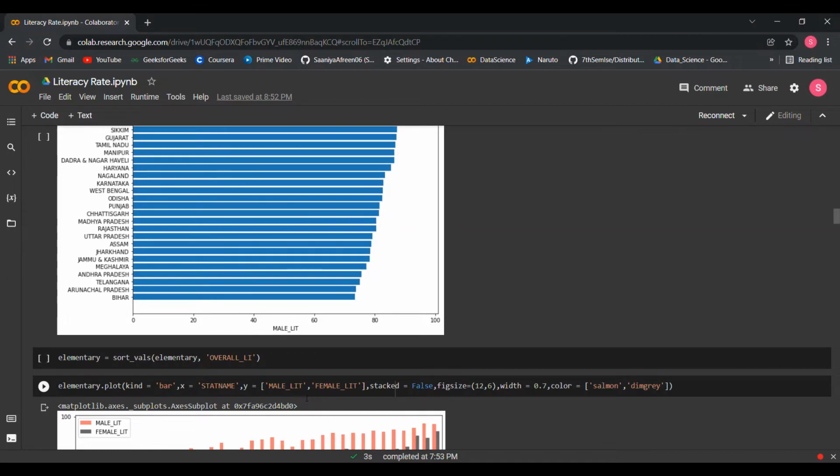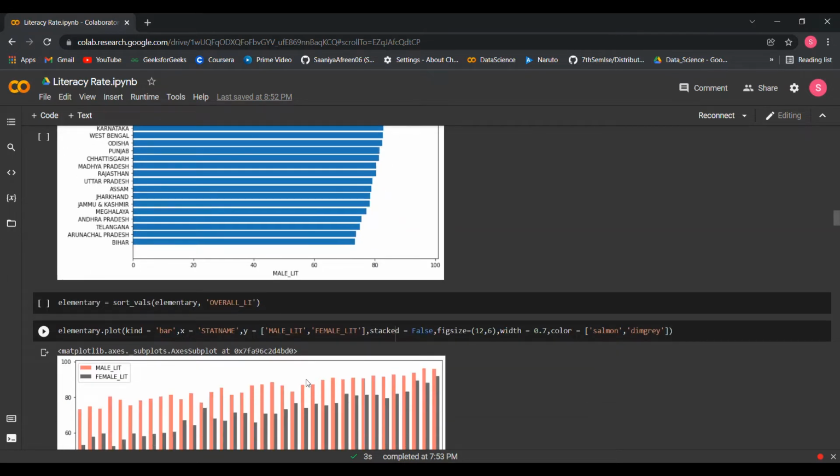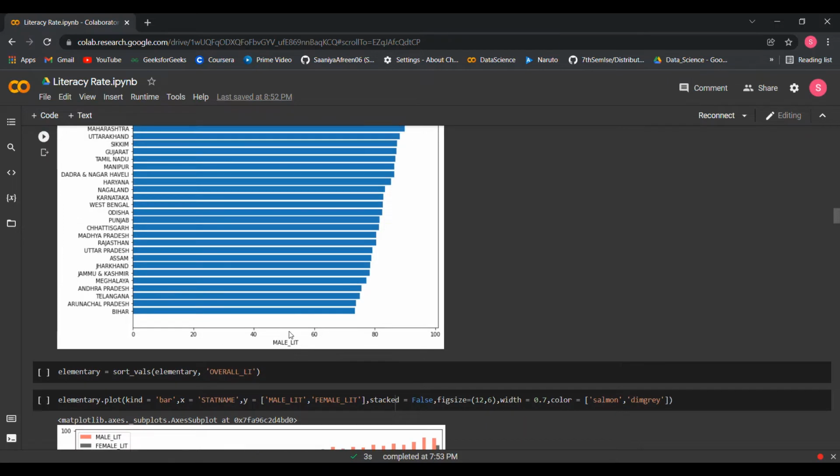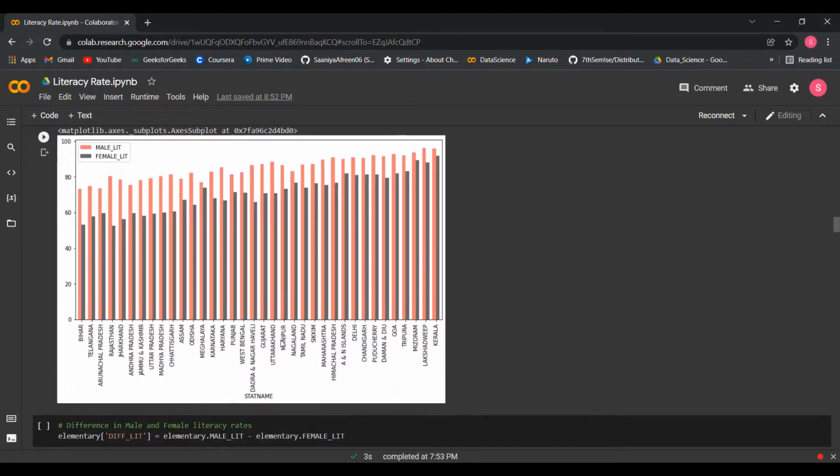So basically, we see the difference in literacy rate between men and women. We are trying to figure out this as well, that northeastern states have less difference between male and female literacy rate. That is pretty good, that northeastern states have good literacy rate.